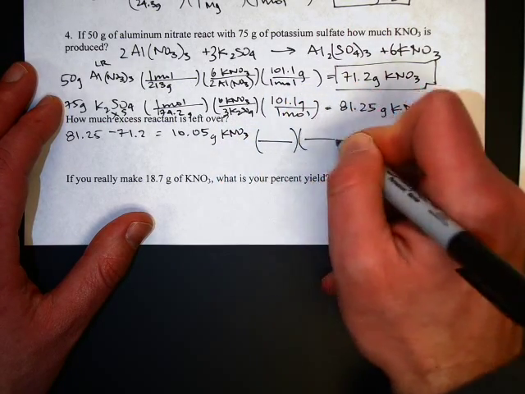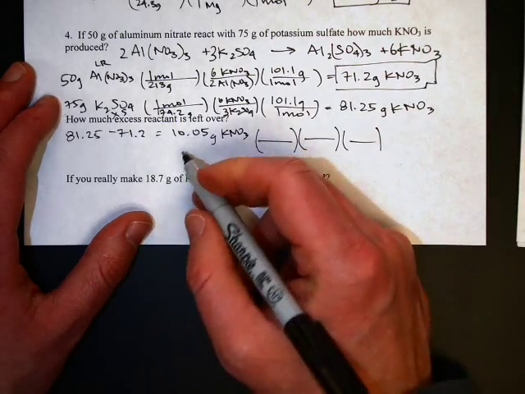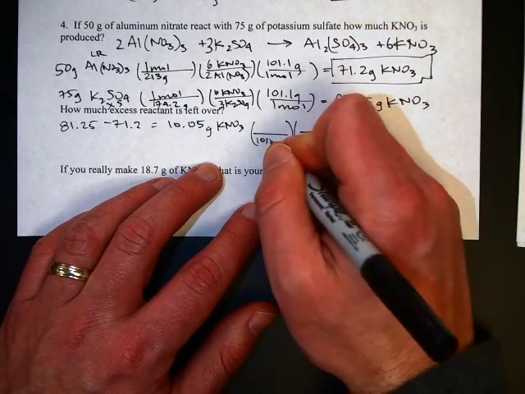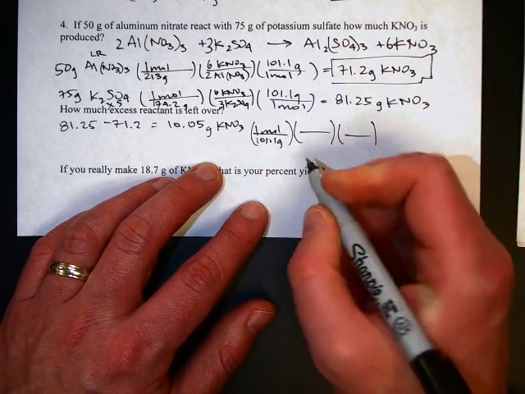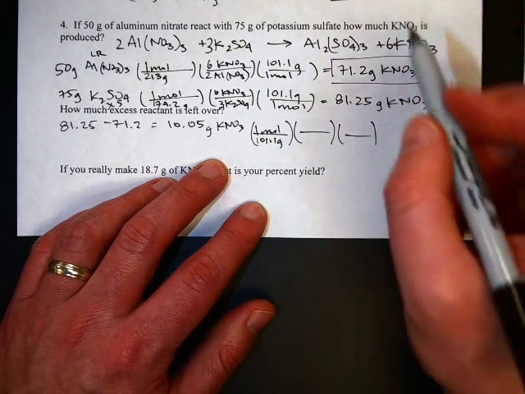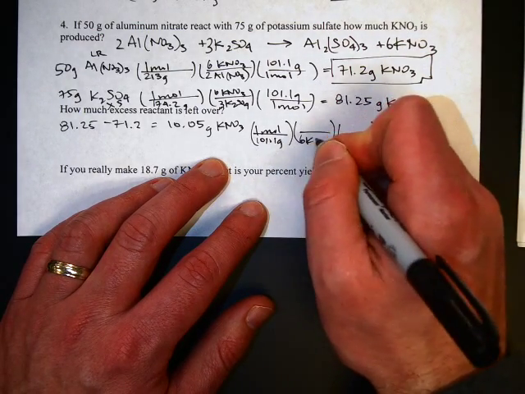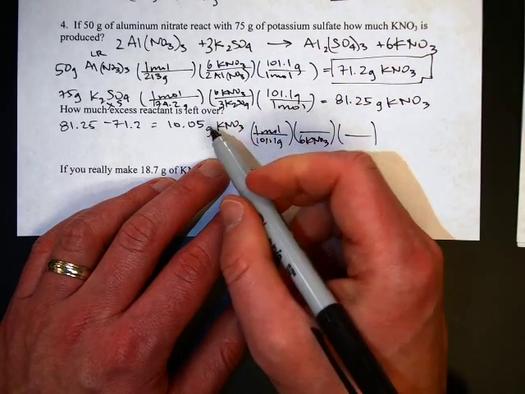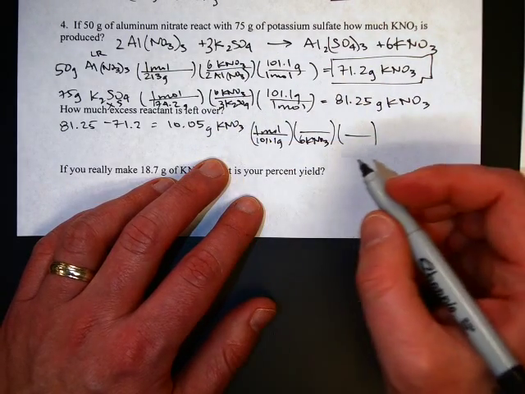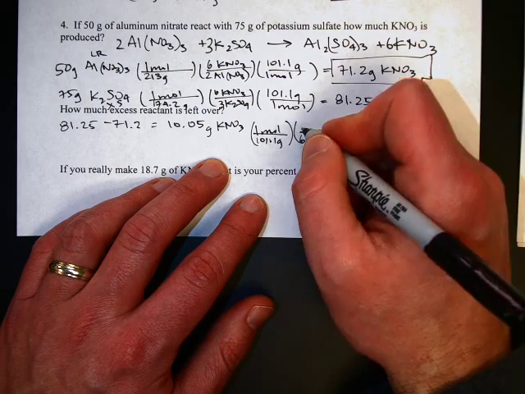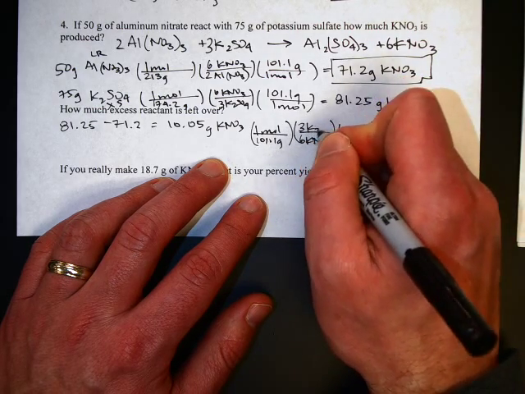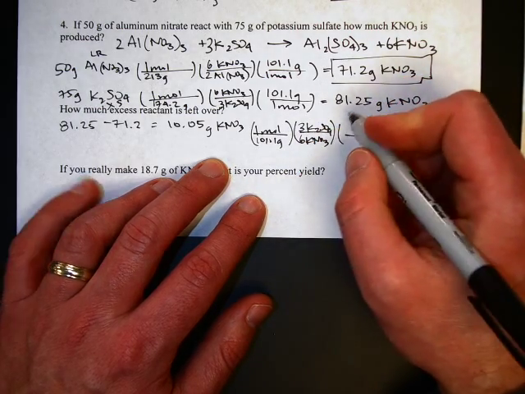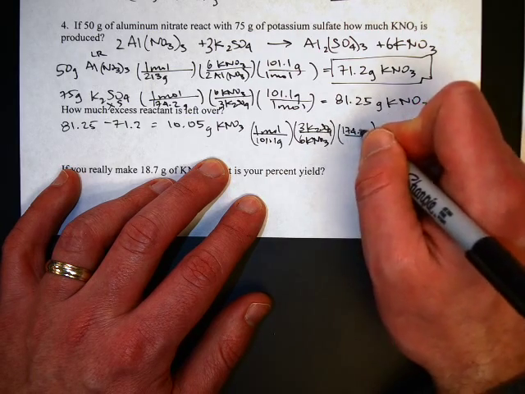And convert that to the excess reactant. So KNO3 we know is 101.1 grams in 1 mole. Mole ratio, KNO3 is 6 of them. I'm going to convert it to K2SO4, which is a 3. And the molar mass of K2SO4 is 174.2 grams.